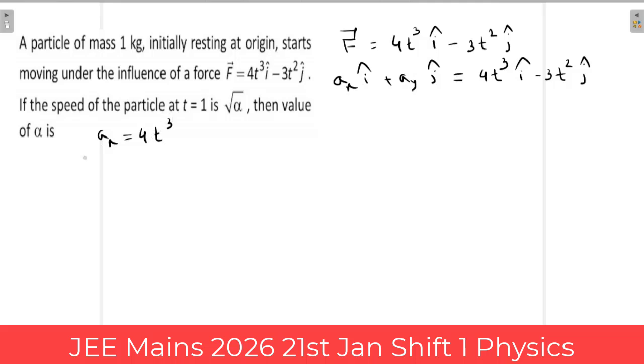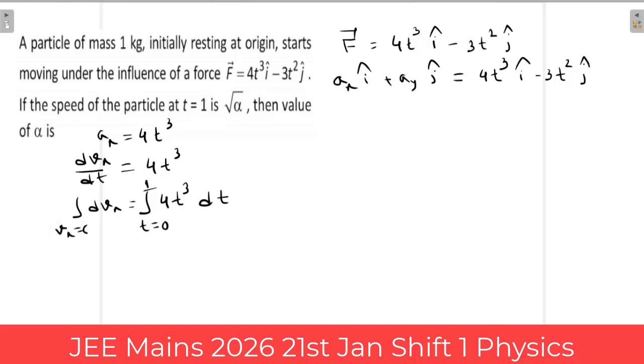Ax is dvx by dt, which is 4t³, or integration dvx is equal to integration 4t³ dt. Now from t equal to 0 to 1, the velocity vx goes from 0, because at t equal to 0 it starts from the origin, so its velocity is 0, to vx.